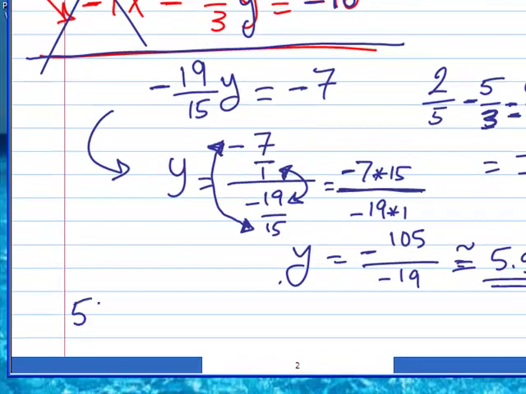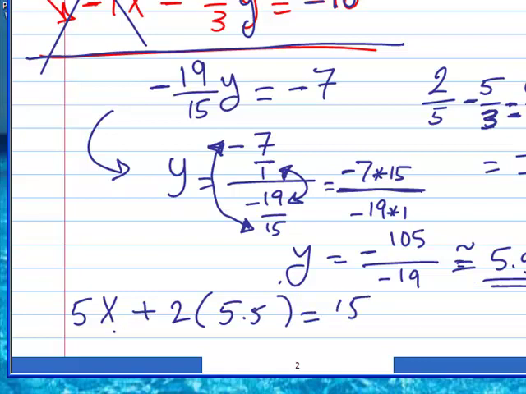So we get 5x plus 2y, but remember we solved for y to be 5.5, is equal to 15, and therefore 5x becomes, 2 times 5.5 is 11. You take it to the other side, we get -11.